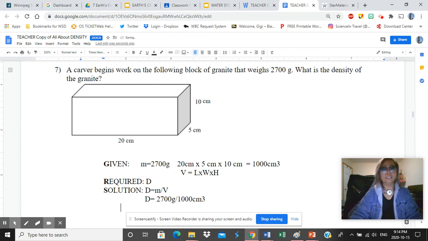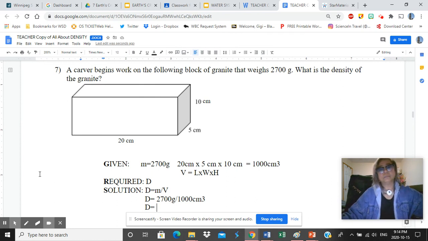So D now is, type it out as I am doing it here on the screen as well. So here, how much is that, people? So 2,700 divided by volume, 1,000.